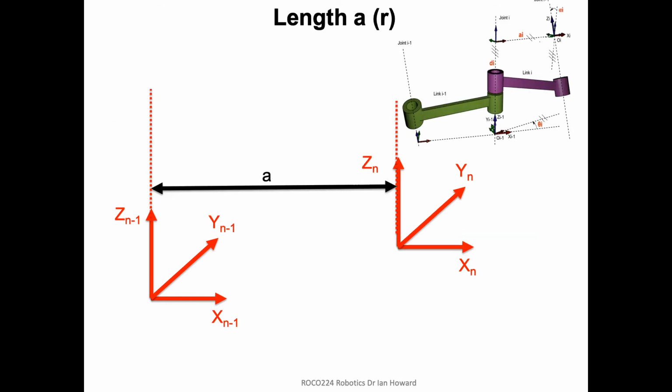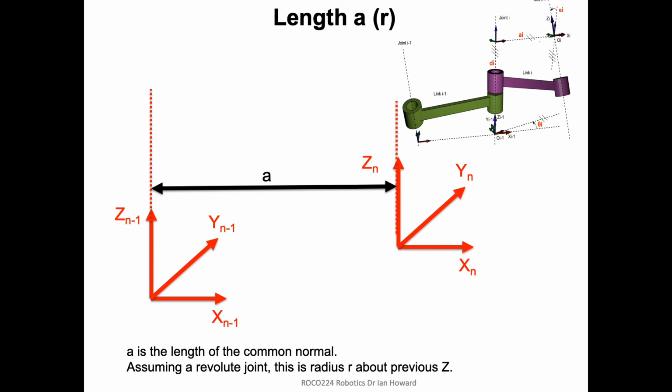Right. So the length R, or a, is called the length of the common normal, but basically it's the length between the two z-axes.